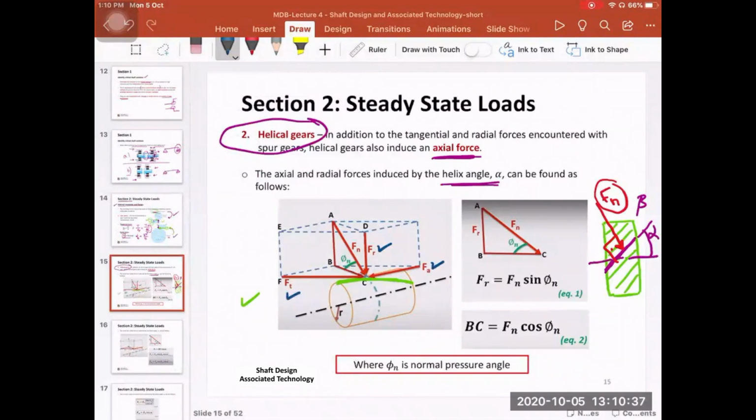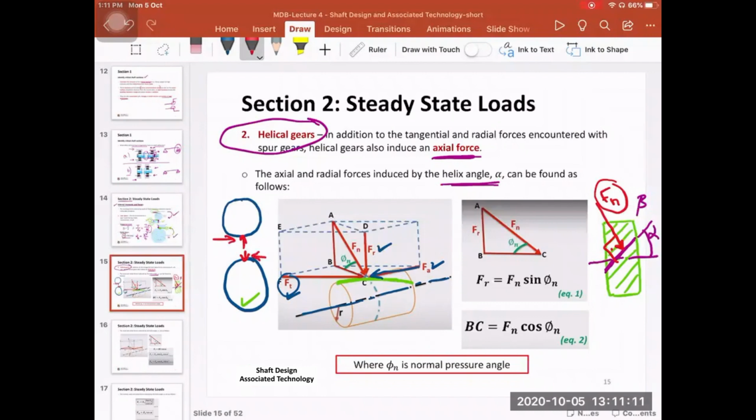Fa is very simple. It goes along the center line. So the force Fa is parallel to the center line of the gear. And then the Fr is the radial force, again trying to separate the two gears from one another. And the Ft here, if I draw the pinion and the gear, I would have Fr in this direction, and then again Ft tangent.